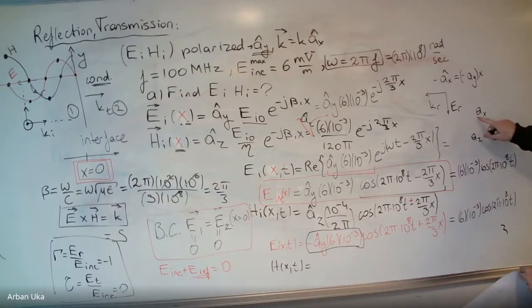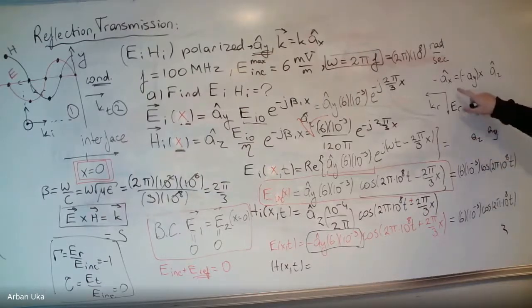Minus AX is KR, minus AY is ER, and the cross product gives AZ, but what type of AZ? Minus AY cross AZ is AX, so that's true, this is plus AZ.